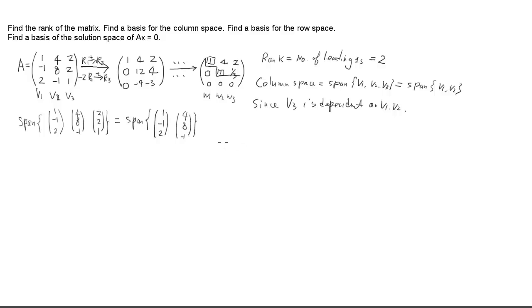So for the basis of the column space, we simply use these two: v1 and v2.